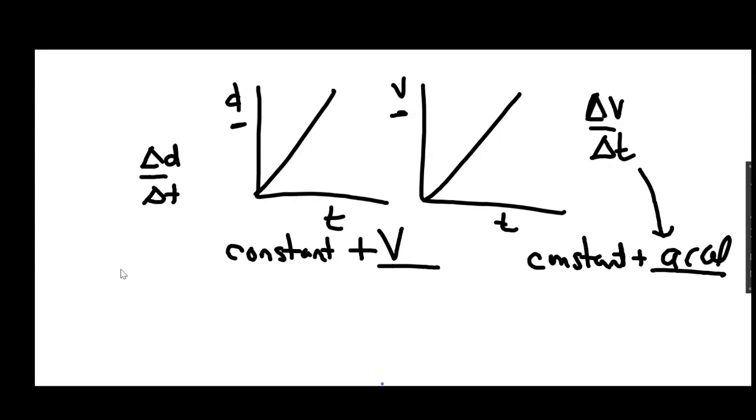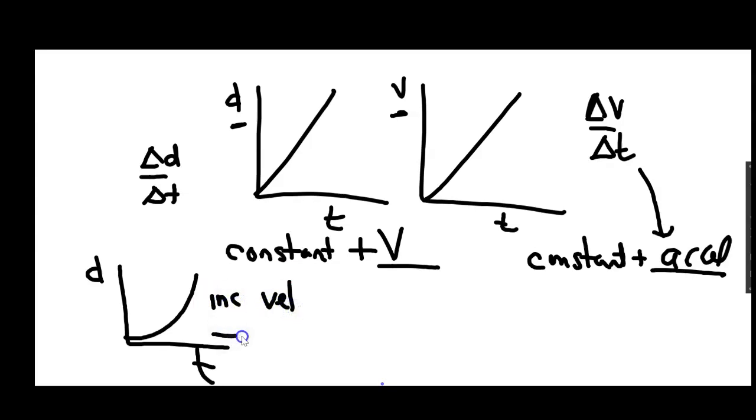Now here's what I want you to remember, because I love to put this on a test. Look at this D versus T. It starts out flat and gets steeper, but in such a nice, smooth way. We could say this is increasing slope, increasing velocity, but what kind of acceleration? Regents loves this. This is increasing positive velocity. It's got the positive tilt. What kind of acceleration? That nice?